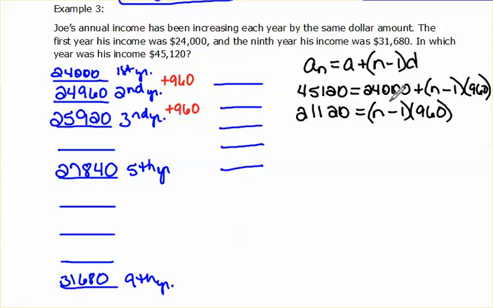Now I can distribute this 960 to get 21,120 equals 960n minus 960.